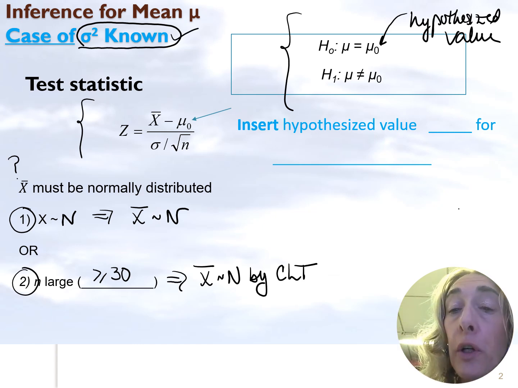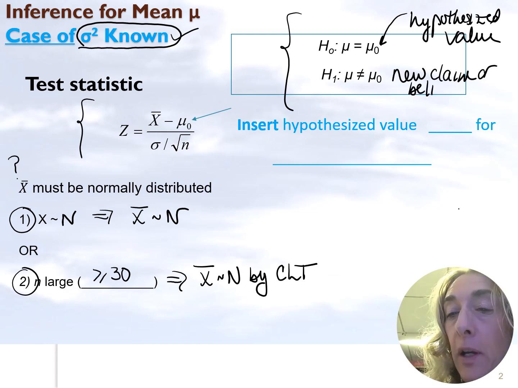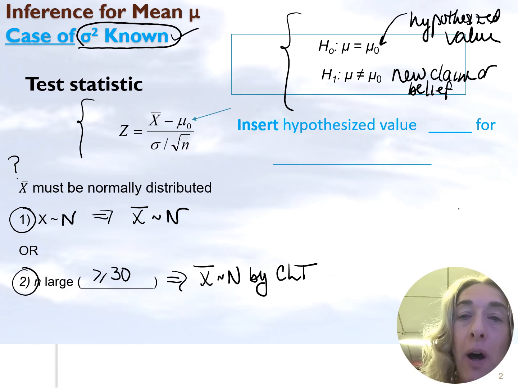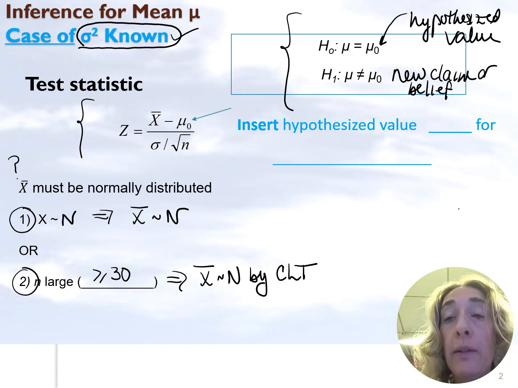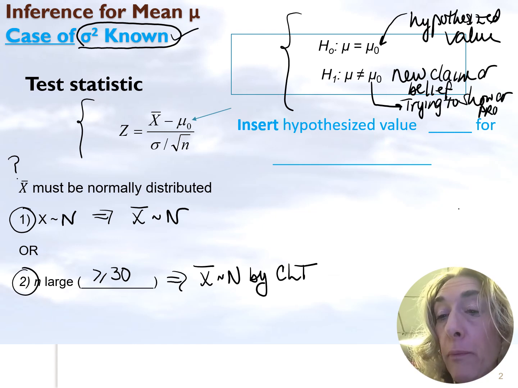This alternative hypothesis, or H sub 1, is the new claim or belief that we're trying to test about mu. It is sometimes called the researcher's hypothesis or the scientist's hypothesis. The alternative is what we are trying to show or prove about mu.